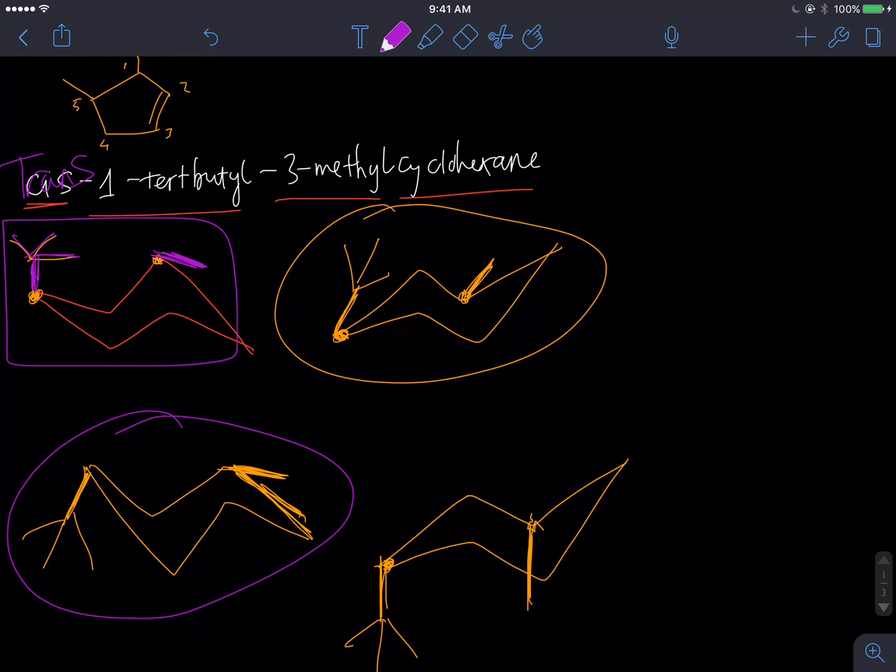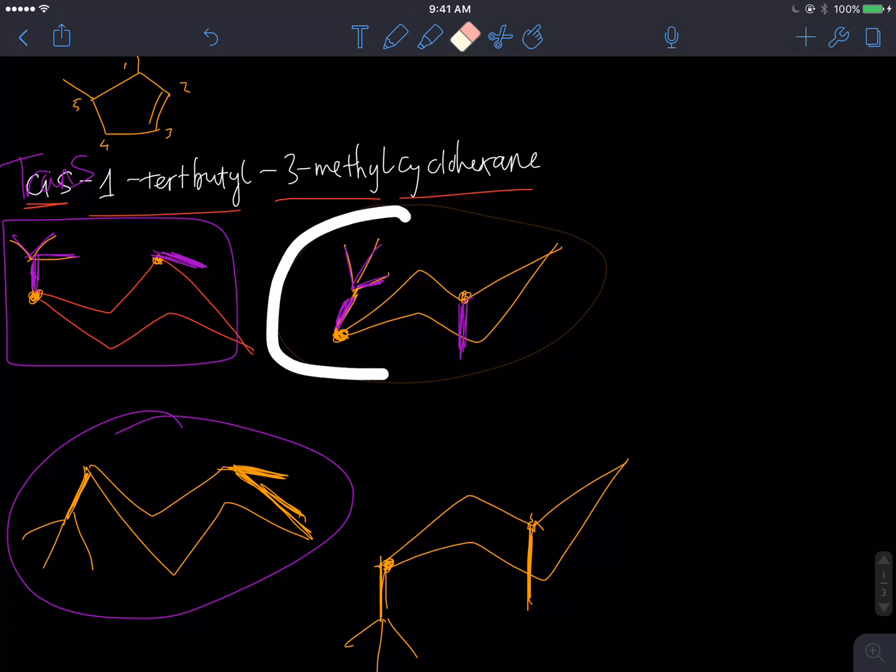And when you flip it, this one is equatorial and this one down is axial, right? You can't tell which one is more stable than which one. Can you? You can. This one is still the more stable one.